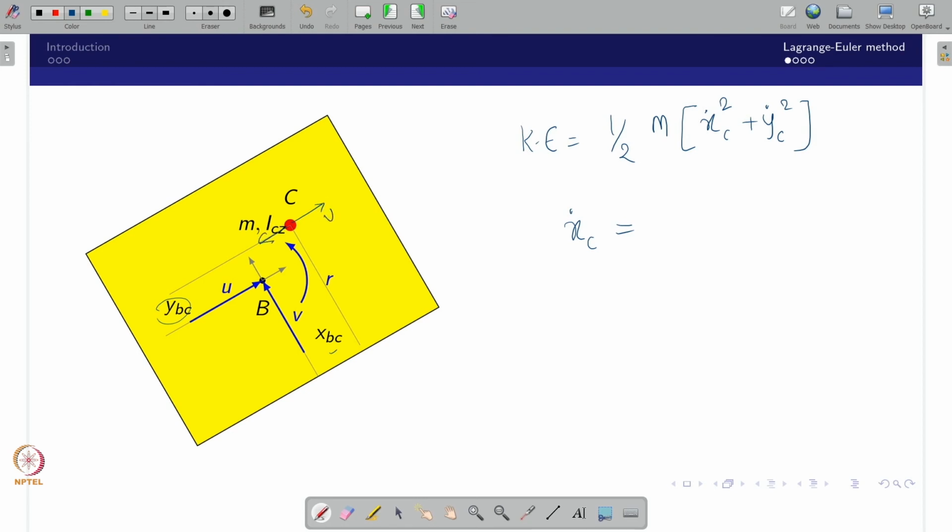So on one side is u and on the other side is y_BC r. Similarly, for yc dot you can see that this is v, and in addition there would be an additional velocity due to x_BC into r. So you have v plus x_BC r. Now these two velocities are there.